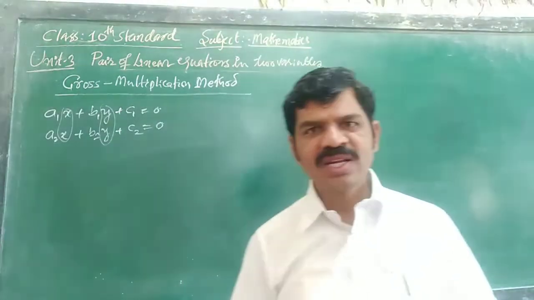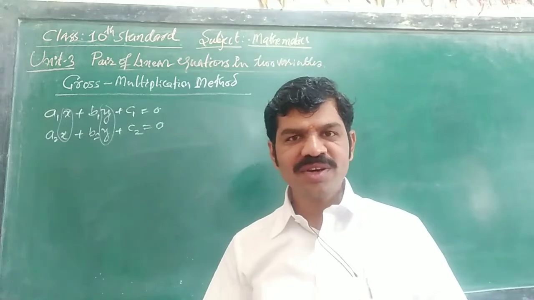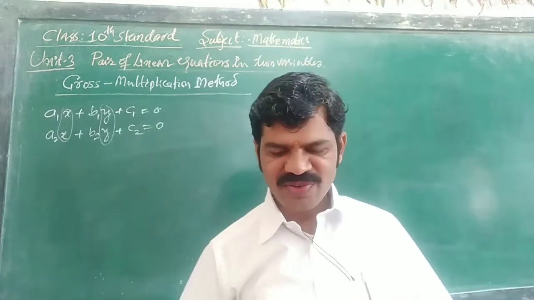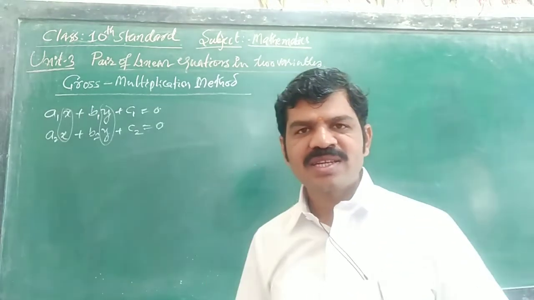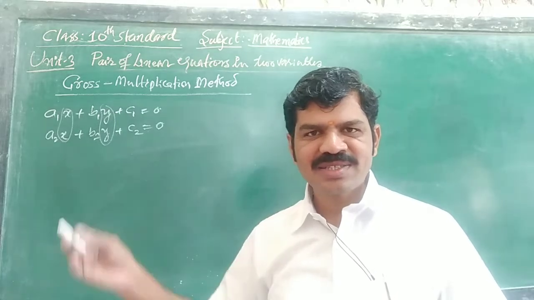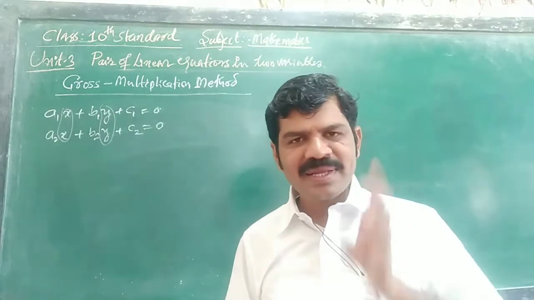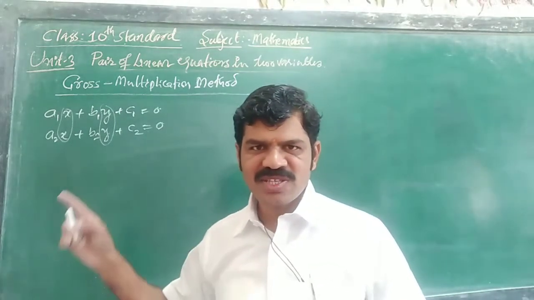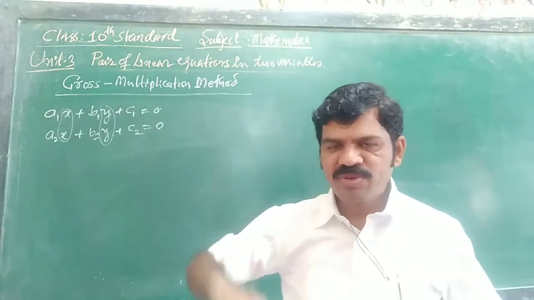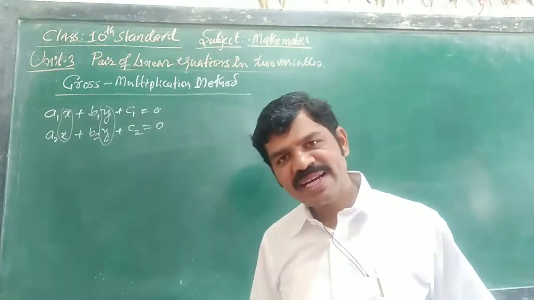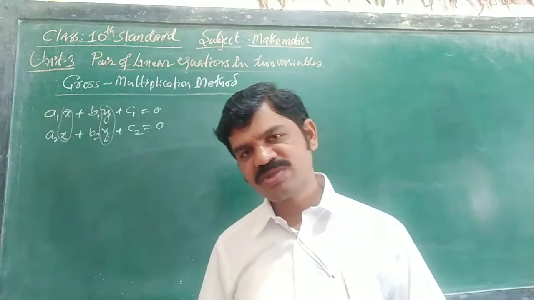Dear students, now we are going to continue the third method of solving x and y values, that is the cross multiplication method. The pair of linear equations I have written on the board: a1x plus b1y plus c1 is equal to 0 and a2x plus b2y plus c2 is equal to 0.